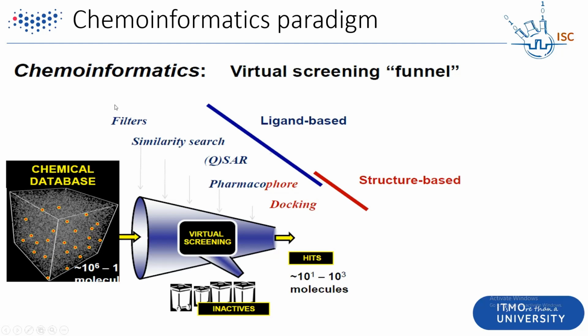The first techniques are usually very fast, and at this point you can screen the chemical database more efficiently in terms of speed and feasibility. If you have millions of molecules, then you can of course implement some very fast filters. The similarity search is also quite fast, and it's possible to screen millions probably in a couple of days.